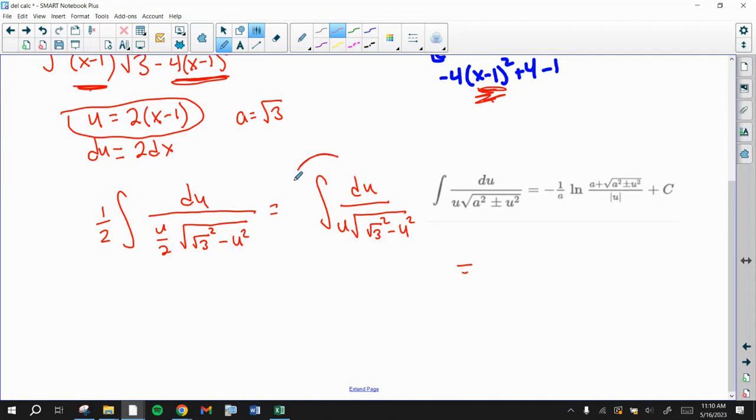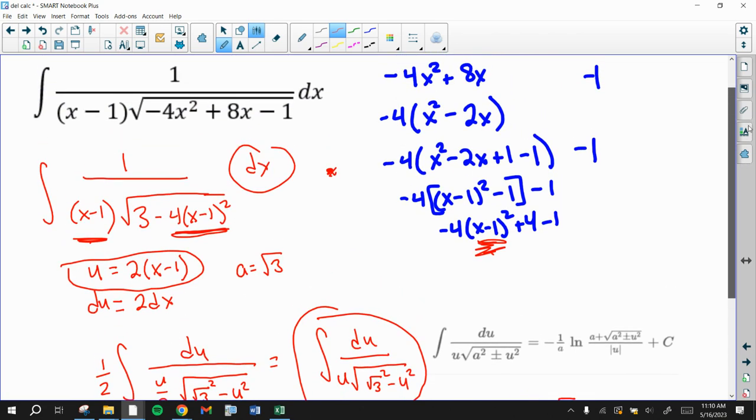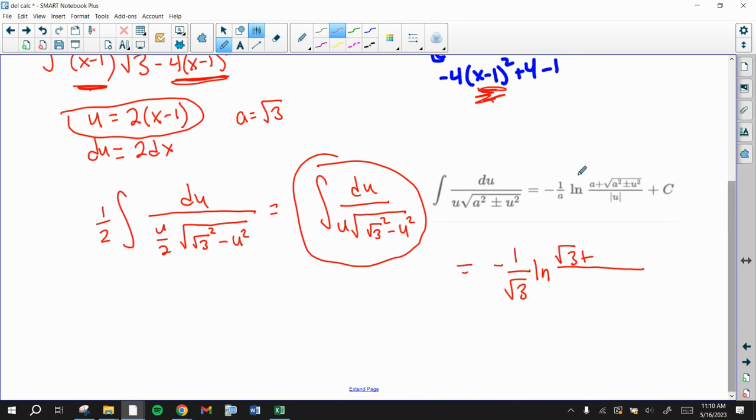So this integral would be exactly equal to negative 1 over a, negative 1 over root 3 times the natural log of a plus the square root of a squared plus u squared, which was what we started with before we completed the square. So you can keep it as a squared plus u squared.